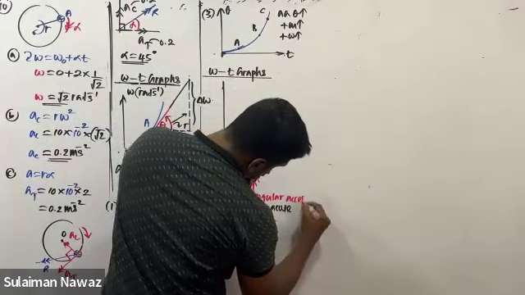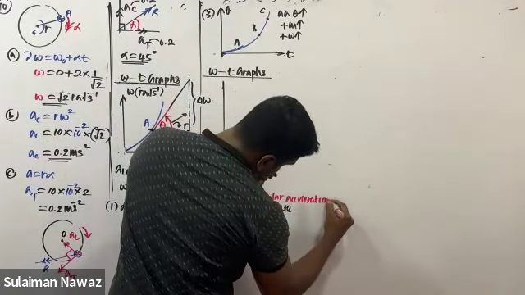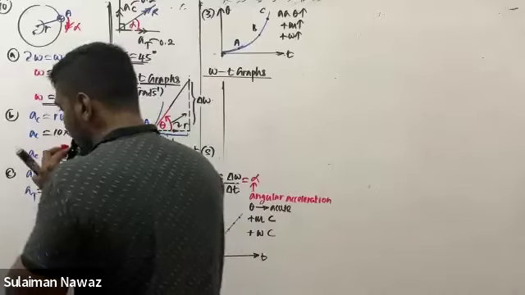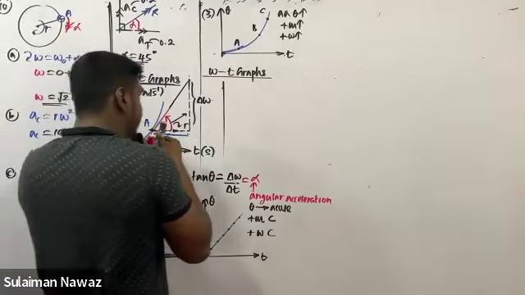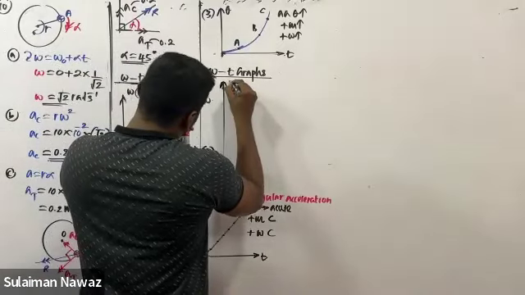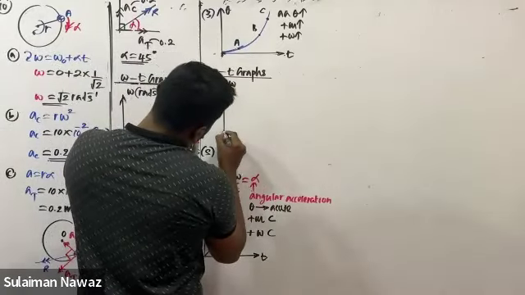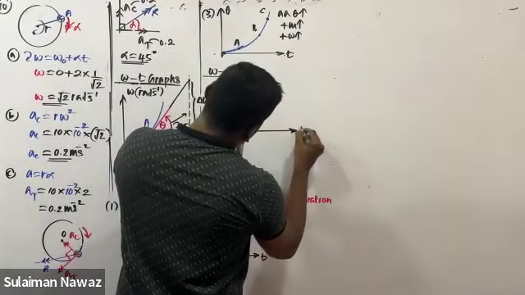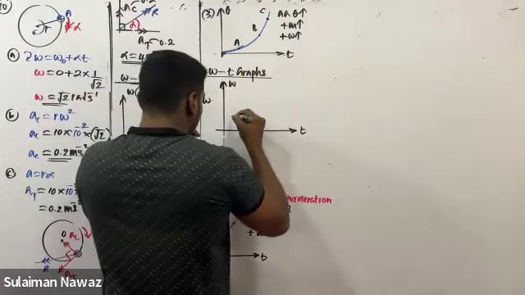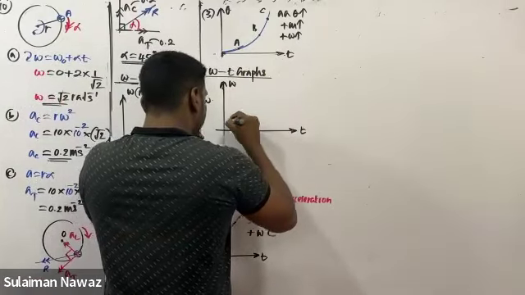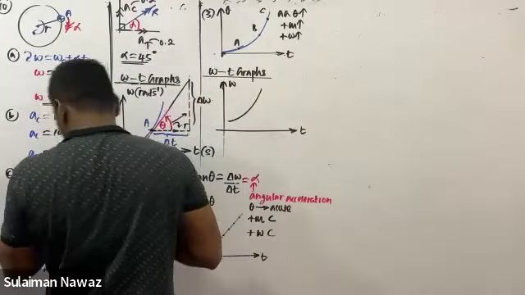Angular acceleration. Okay, and there's another point. The area under the omega-t graph. We learned this, just take a graph like this. You can take a straight graph or whatever. There's a graph like this.